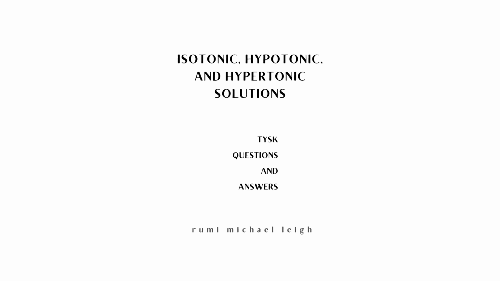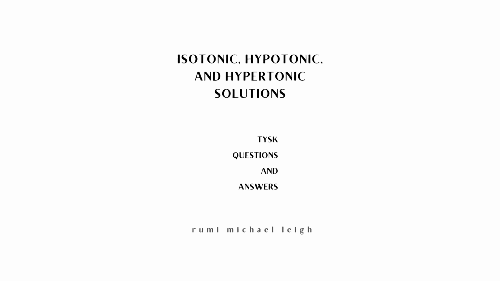Hyponatremia is low sodium levels in the blood. 9. What is cerebral edema? Cerebral edema is the swelling of the brain due to an accumulation of fluid. 10. What happens to fluids in a hypertonic solution? In a hypertonic solution, fluids move out of the cell.